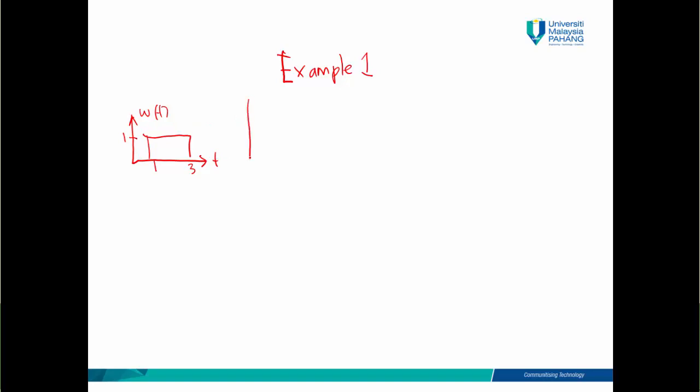And the second signal is z(t), the magnitude is 2 and t is 2. We want to find y(t), the convolution of w(t) with z(t). Don't forget, we always use this asterisk symbol as the symbol of convolution.